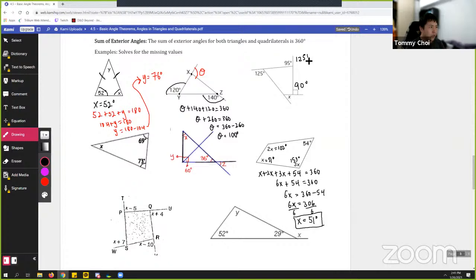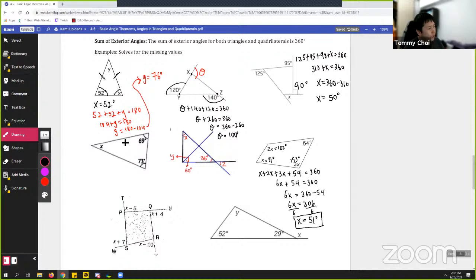So we do 125 plus 95 plus 90 plus x is equal to 360. When we add 125 plus 95 plus 90, that gives me 310. We move 310 to the other side, making it subtract, and we get x is equal to 50 degrees. You should have gotten 50 degrees for this one.